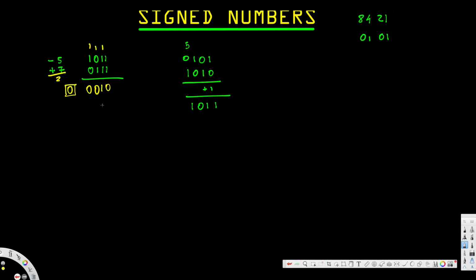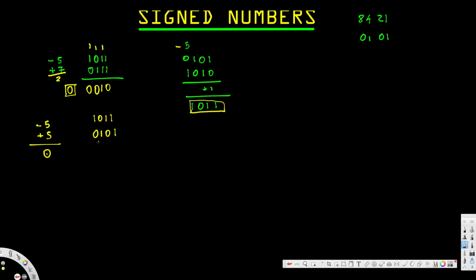Now let's look at another example. Let's say we want to add -5 + 5. For -5 we have to take the complement. We already did that one right here. This is the 2's complement of -5, right? So -5 is 1 0 1 1, and +5 is equal to 0 1 0 1. If we add these two together, we should get 0.